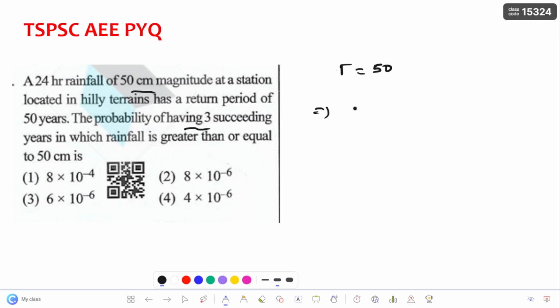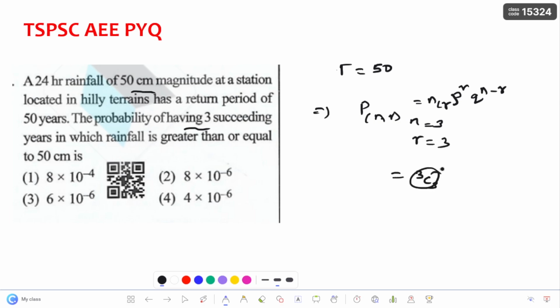We know that probability P of n comma r is equal to nCr P power r Q power n minus r. Here in 3 years he is asking how many times it will come. So n is equal to 3 and r should also be equal to 3. So 3C3 is equal to 1. And n minus r, 3 minus 3, will become 0, so you can forget this expression.